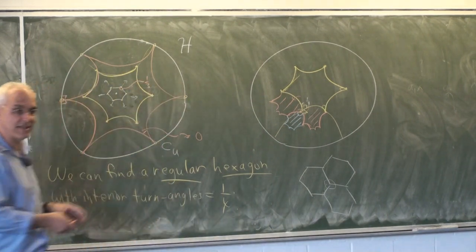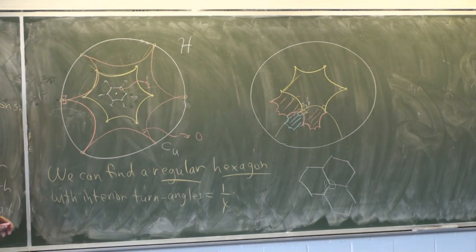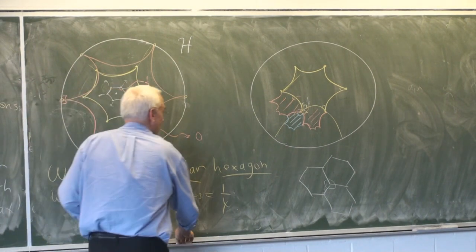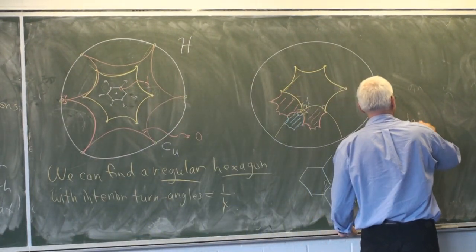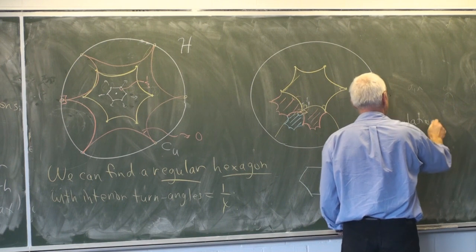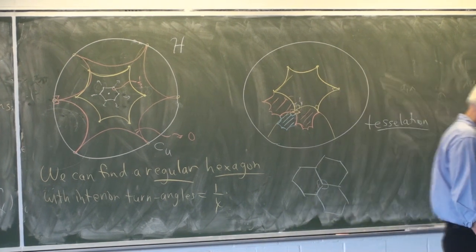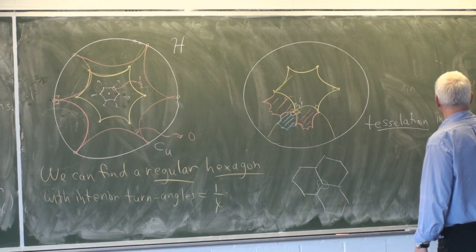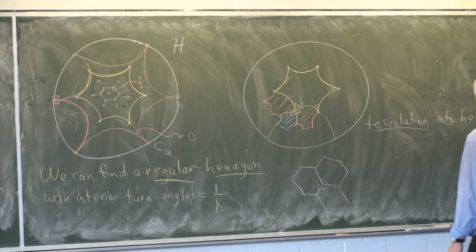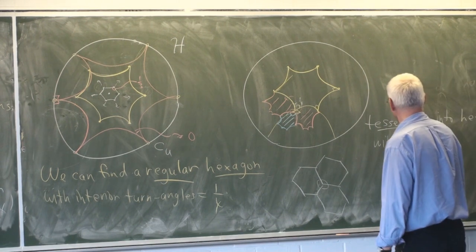So you're going to get a tessellation of the hyperbolic plane, into hexagons, with 4 meeting at a vertex.